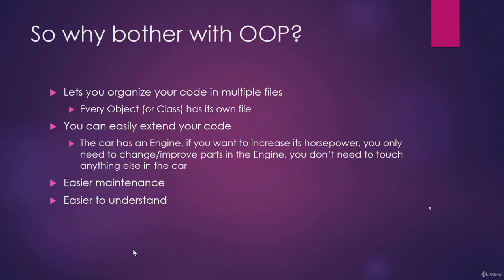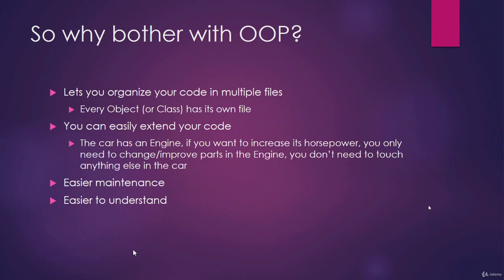You're probably asking yourself at this point, why do we have to bother with object-oriented programming? Well, the most obvious reason would be that it lets you organize your code much easier, much better. We are no longer limited only to our entry point class and our main method. We can create our own classes.